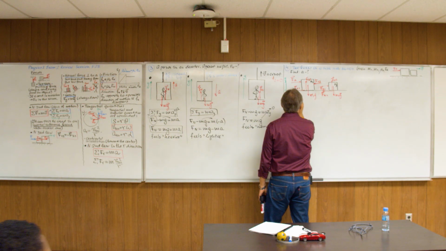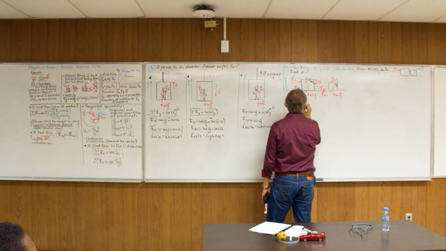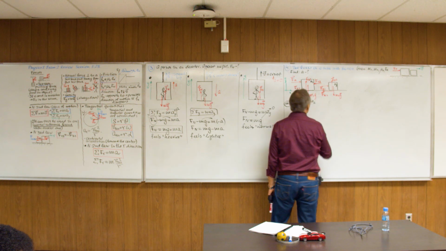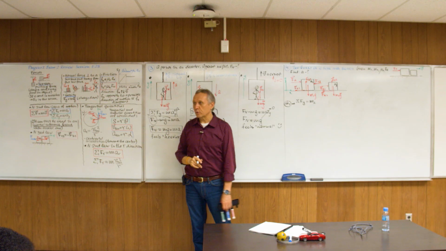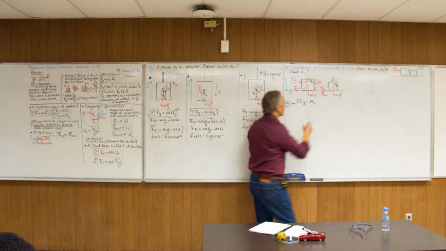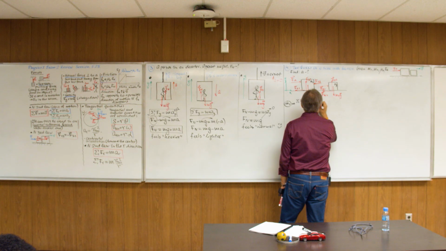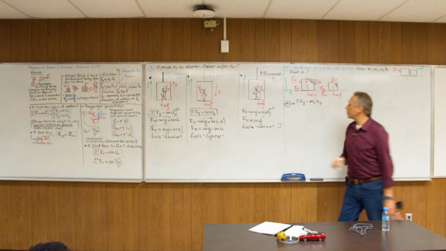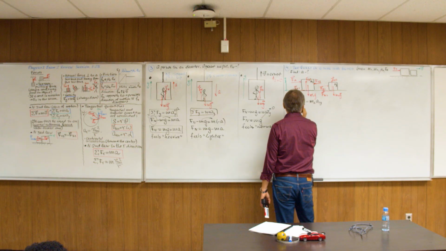So, sum of the forces in the y direction equals mass. It has two subscripts, you remember? Now we have two objects, so be careful with those subscripts. Times acceleration of the second object in the y direction. And then I'm going to do the same with the x.